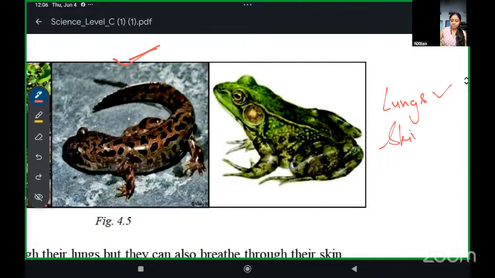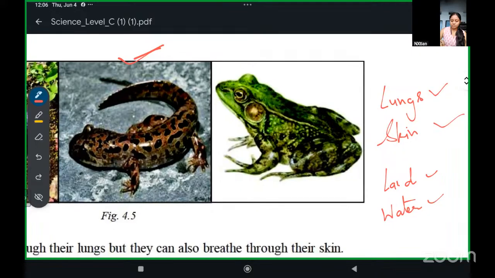If you talk about their adaptation, they can live on land and what? Both. They are adapted to live on land and in water. They can breathe through the lungs when they are on land. In the water, they can breathe through their skin. Now, this is about a frog.